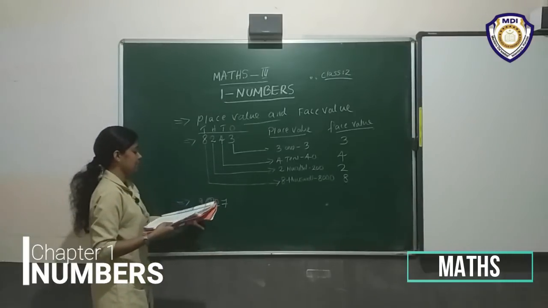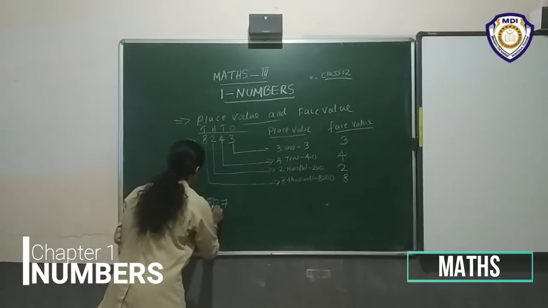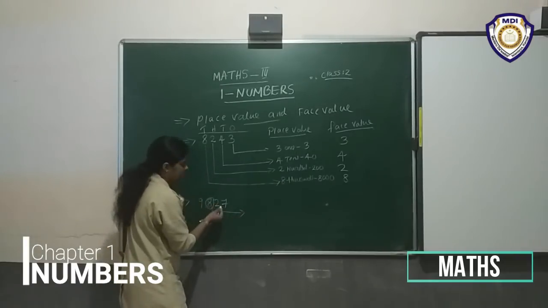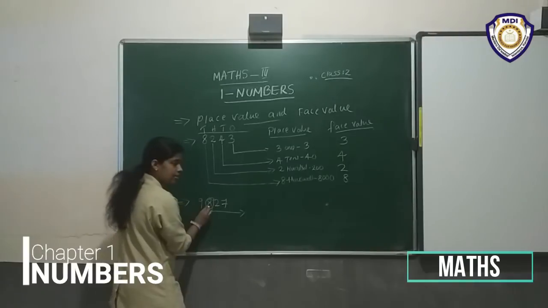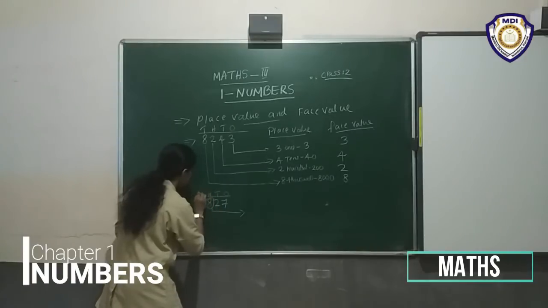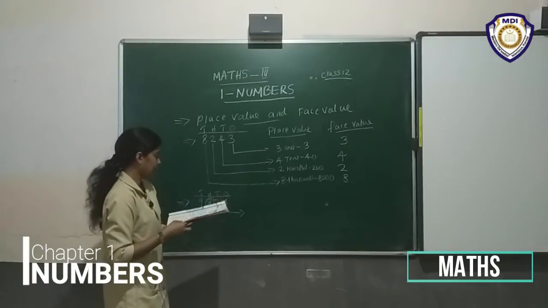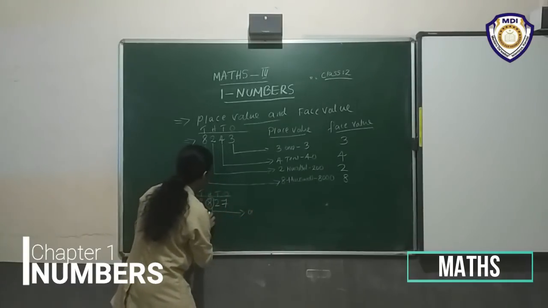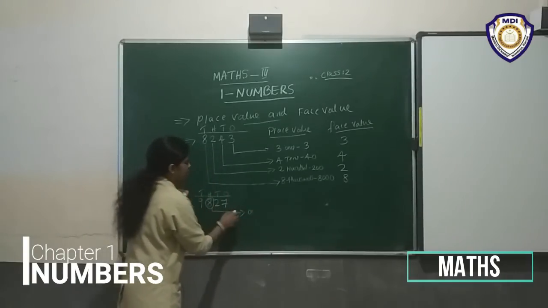Place value of 8. 8 is in the hundreds place. Ones, tens, hundreds. Ones, tens, hundred, thousand. It is in the hundred place. 800.